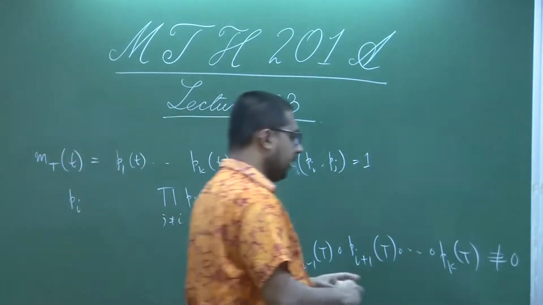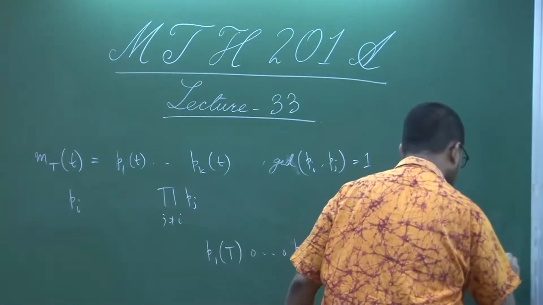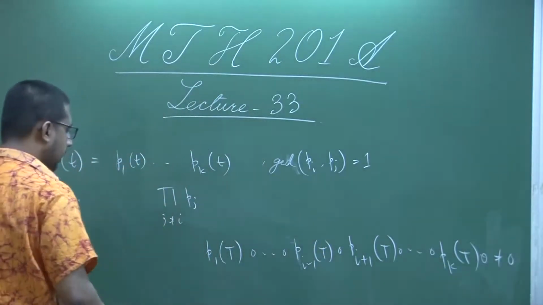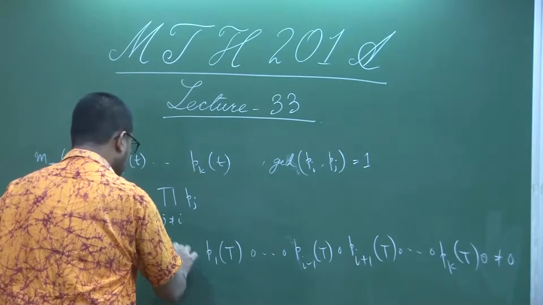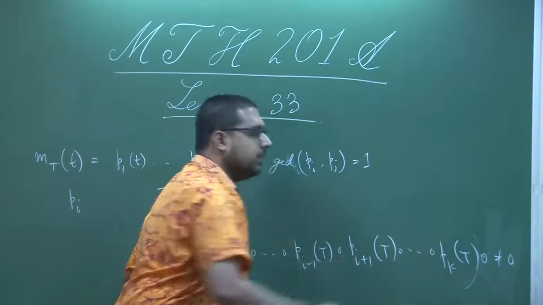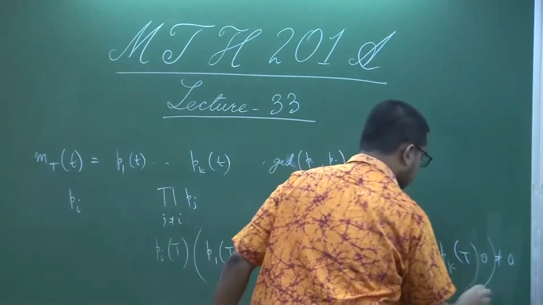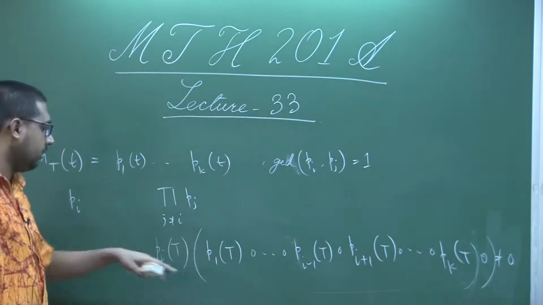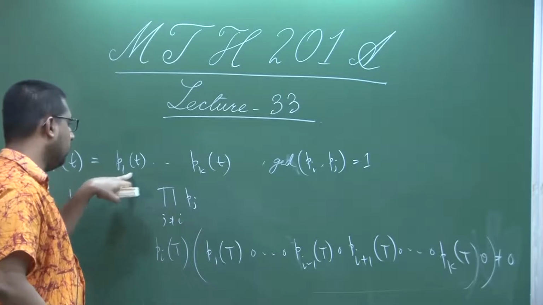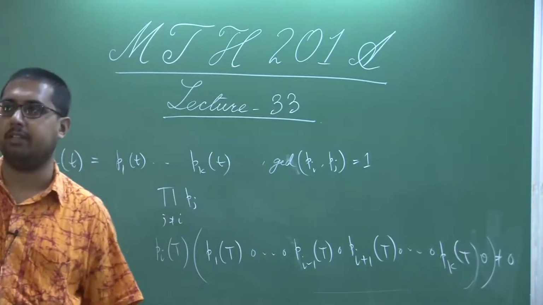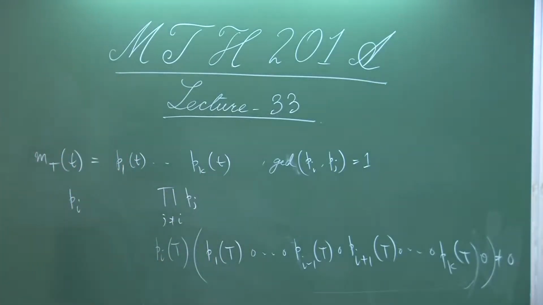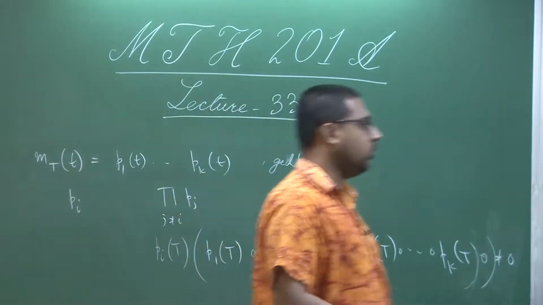Hence there will be a non-zero vector for which this is non-zero. Now when I apply Pi(T) on this non-zero vector, I get 0. So this whole vector lies in the kernel of Pi(T). So none of these Pi's can have trivial kernel.